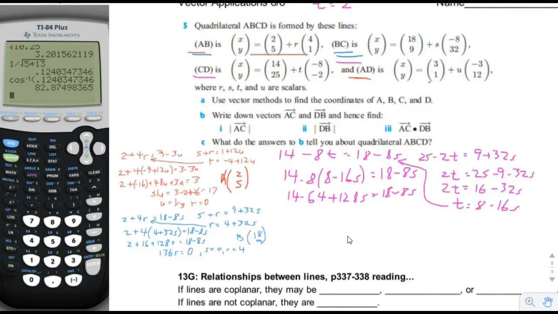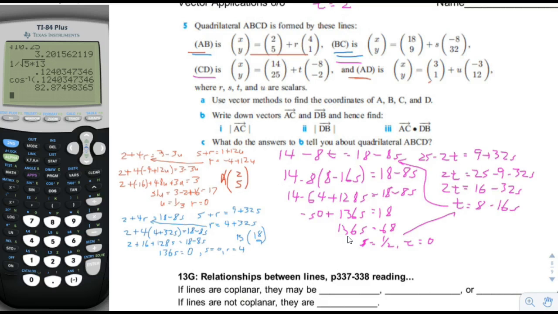So we add 8s to here, we get 136s equals 14 minus 64 is negative 50. Add 50 to both sides, we get 68 on this. Oops, not yet. So 18 here, and then we're going to get 68. 136s equals 68, so s is equal to 1/2, and then t is equal to 0. Right? Because if you put s equals 1/2 in there, you get t equals 0.